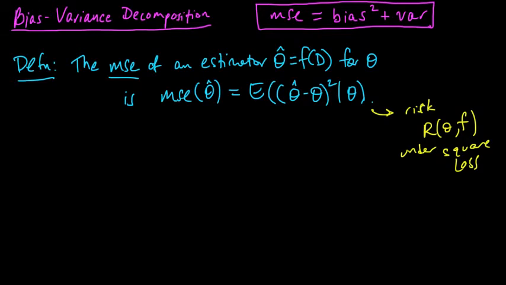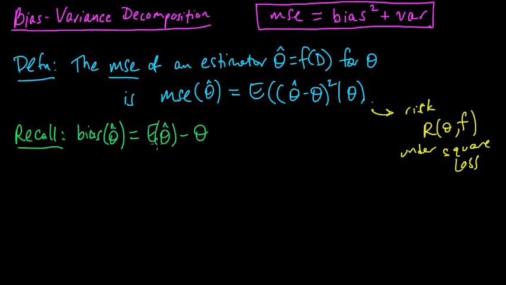Okay, now let's recall, in order to introduce this proposition, the definition of the bias of an estimator. The bias of theta hat is just its expected value minus the true value of the parameter that it is intending to estimate. And now we're ready for the theorem, or the proposition.